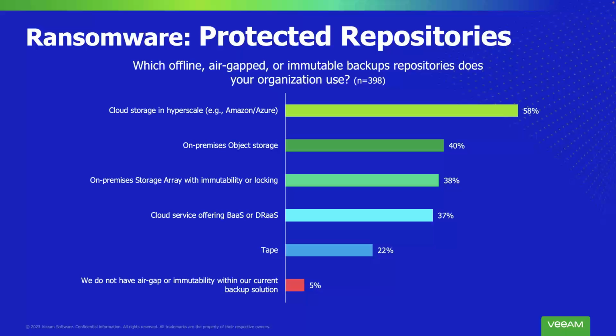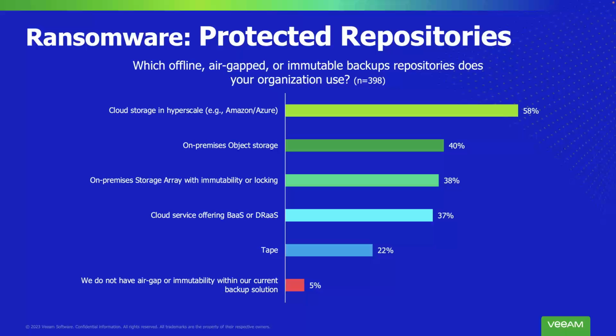So with object storage, you go to a storage vendor that sells object storage and you install it on-prem, right? And of course, we also start to see it get more and more common to use immutability capability, like using on-prem storage arrays with immutable snapshots capability.